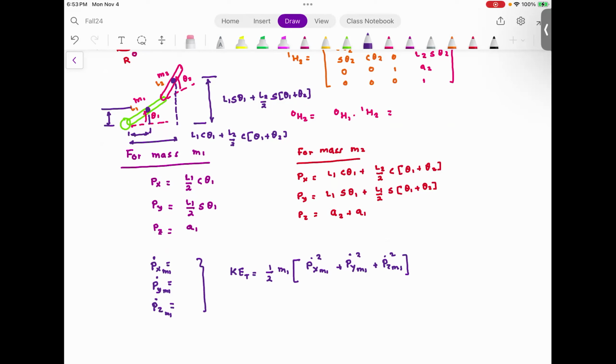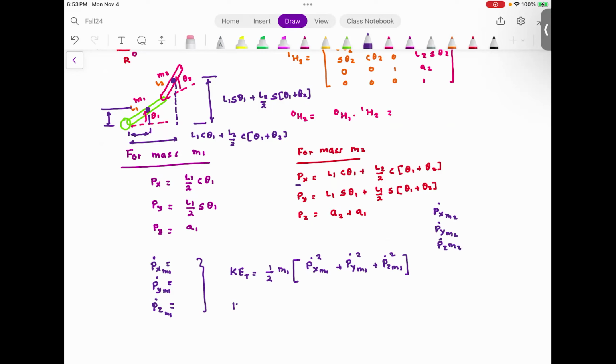Similarly, you can find out Px dot M2 by taking the derivative of this. You can find Py dot M2 and you can find Pz dot M2.